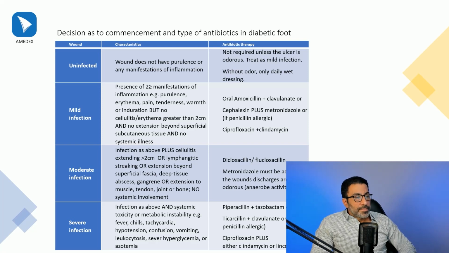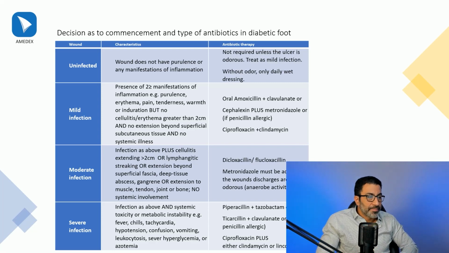Moderate infection. Moderate infection is mild infection, meaning that it has 2 or more inflammatory signs, plus a cellulitis that is extending beyond 2 centimeters. Or, either of these items plus mild infection is going to be moderate infection.